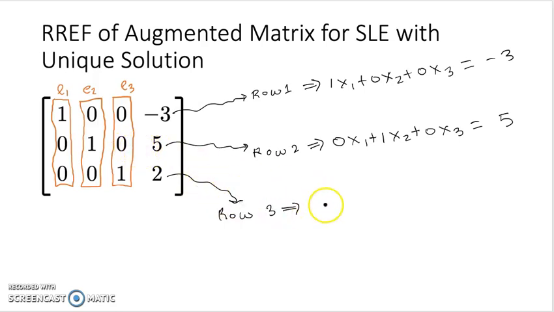So then for what we read from every row, we have in the first row 1x1, 0x2, 0x3, that equals -3. The second row tells us 0x1, 1x2, 0x3 equals 5. The last row tells us 0x1, 0x2, and 1x3.